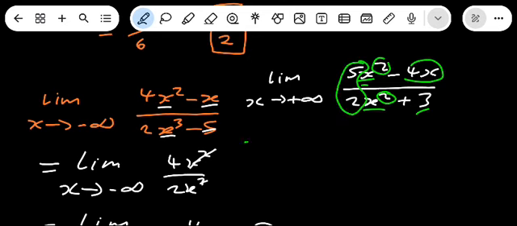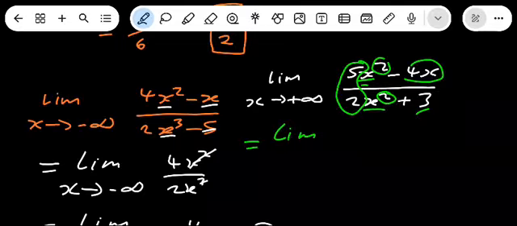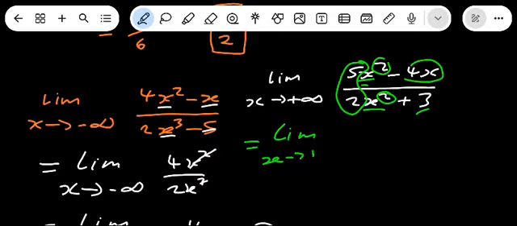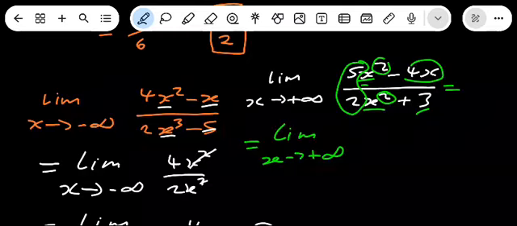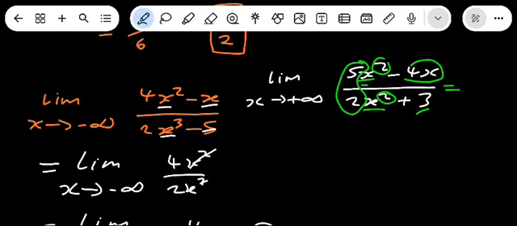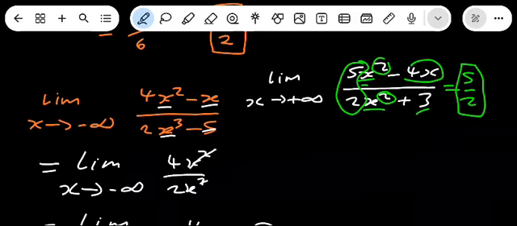Since these are equal, you simply take the ratio of the coefficients. The limit as x approaches positive infinity must be equal to 5/2.